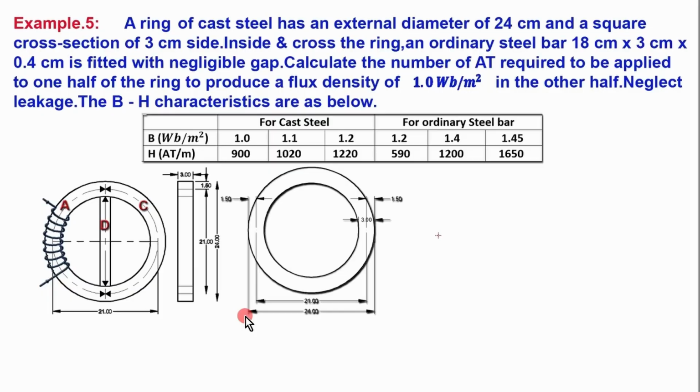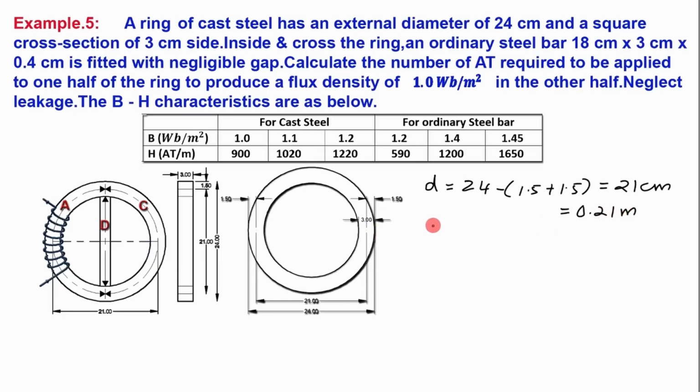So it is given that the total diameter of the ring is 24 centimeter and thickness is 3 centimeter. So the mean diameter becomes total diameter 24 minus half of 3, 1.5 here and 1.5 here. That is 24 minus 1.5 plus 1.5, which is equal to 21 centimeter, that is 0.21 meter.